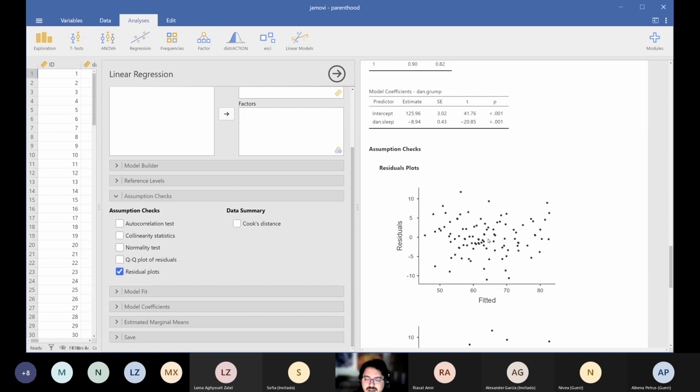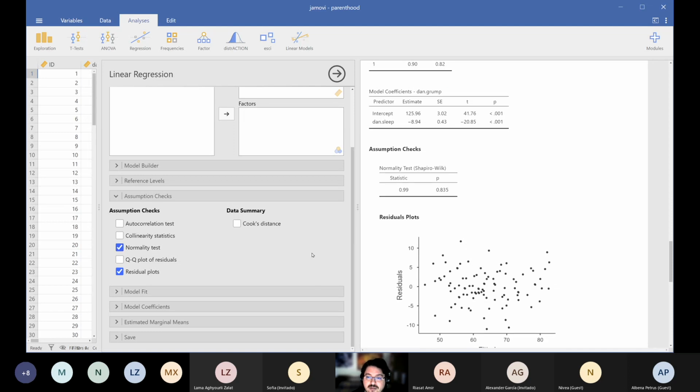So just a cloud, no patterns, and the variance around 0 is similar at the beginning of the data and at the end of the fit. These residuals should be normal. The null hypothesis is that they are normal, therefore we do a test.